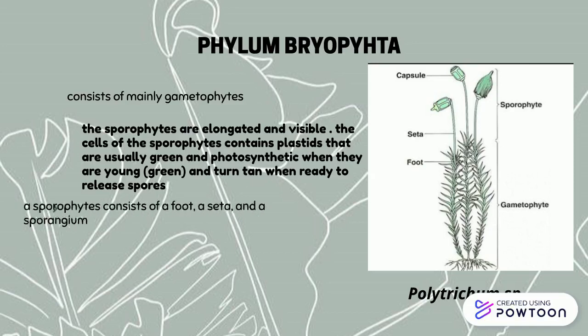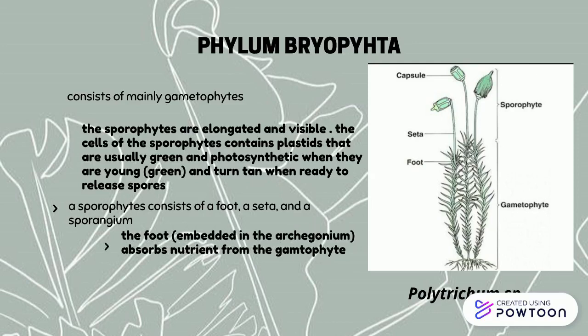A sporophyte consists of a foot, a seta, and also a sporangium. The foot of phylum Bryophyta is embedded in the archegonium, which can absorb nutrients from the gametophyte, while the capsule can produce spores by meiosis.